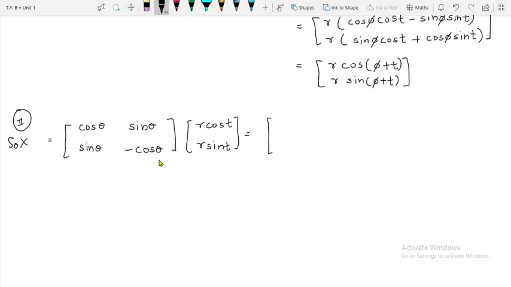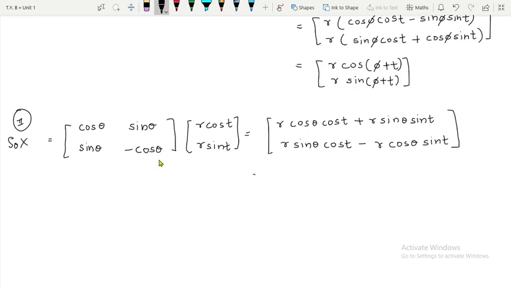So by simply taking the product, you will have r cos theta cos t plus r sin theta sin t. Over here you are having r sin theta cos t, and over here minus r cos theta sin t, which is further equal to r.